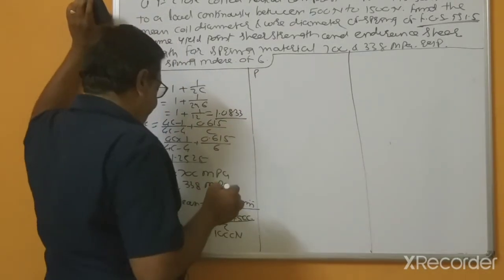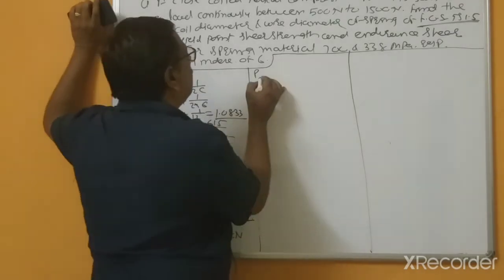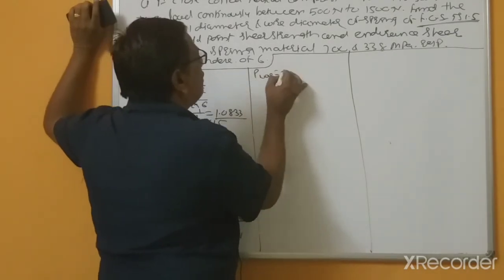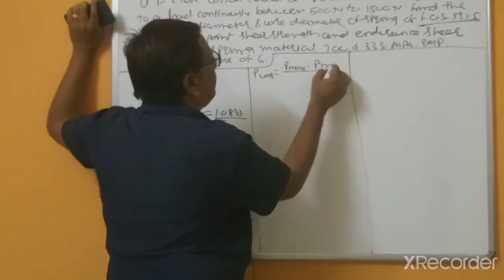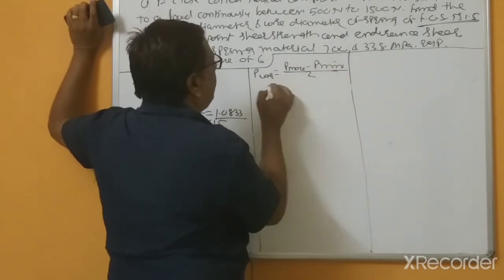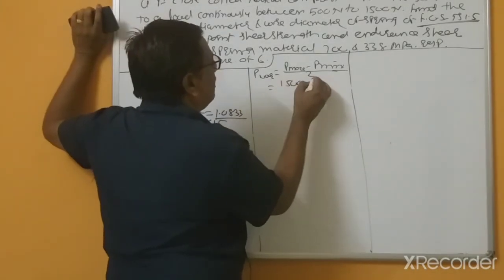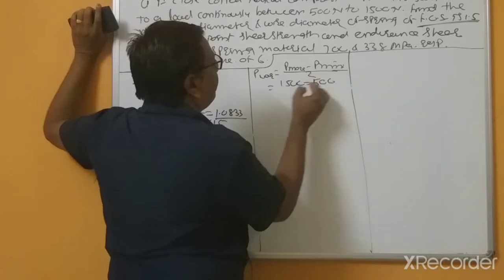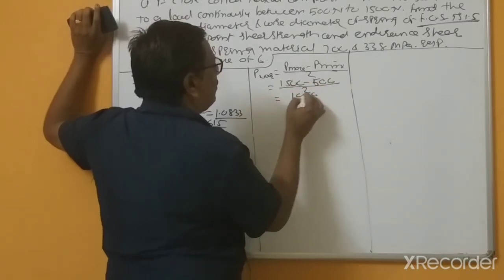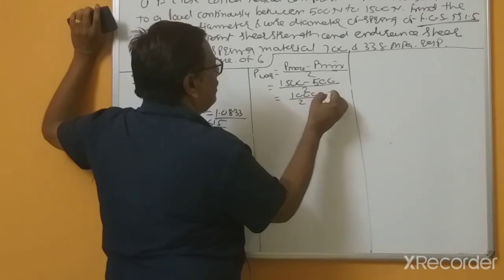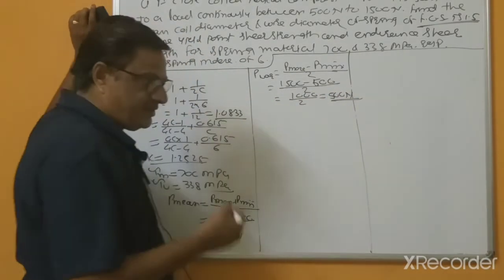And P variable equal to P max minus P minimum divided by 2. This is 1500 minus 500, that is 1000, divided by 2. This is equal to, I think, 500 newtons.